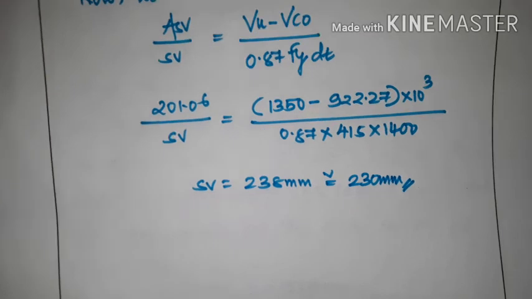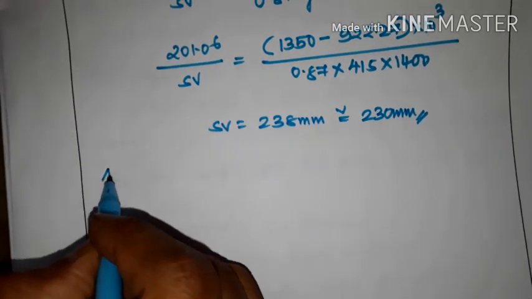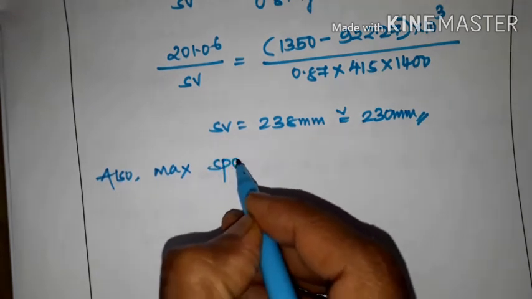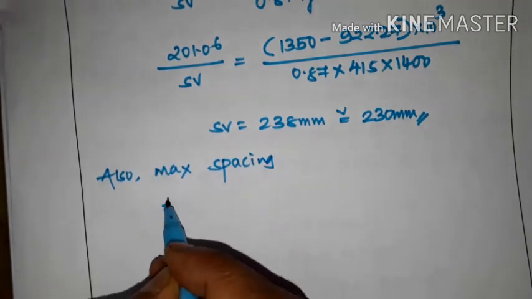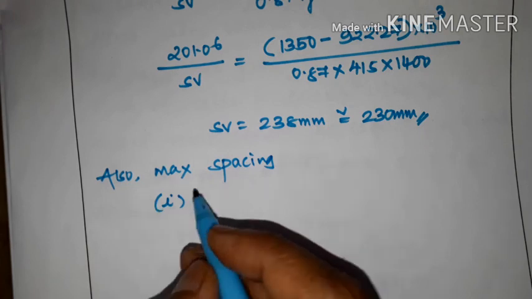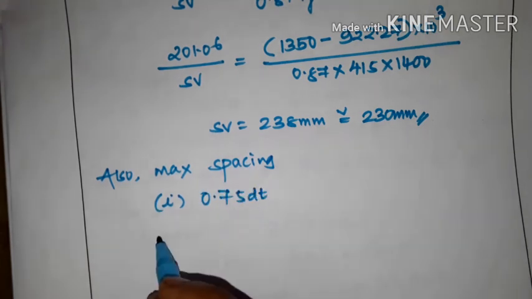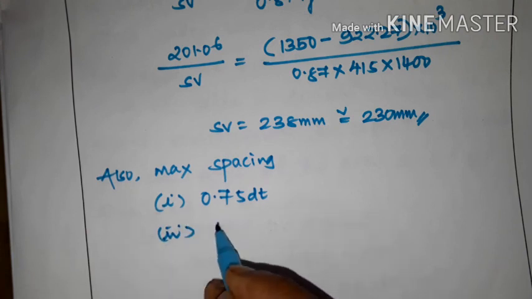The next is also maximum spacing. The first condition is 0.75 times dt, the second one is 4 times BW.